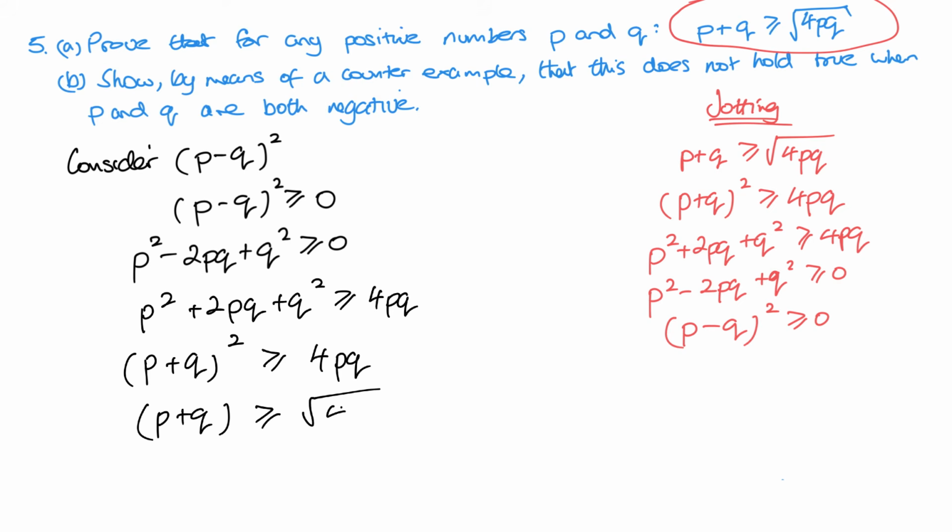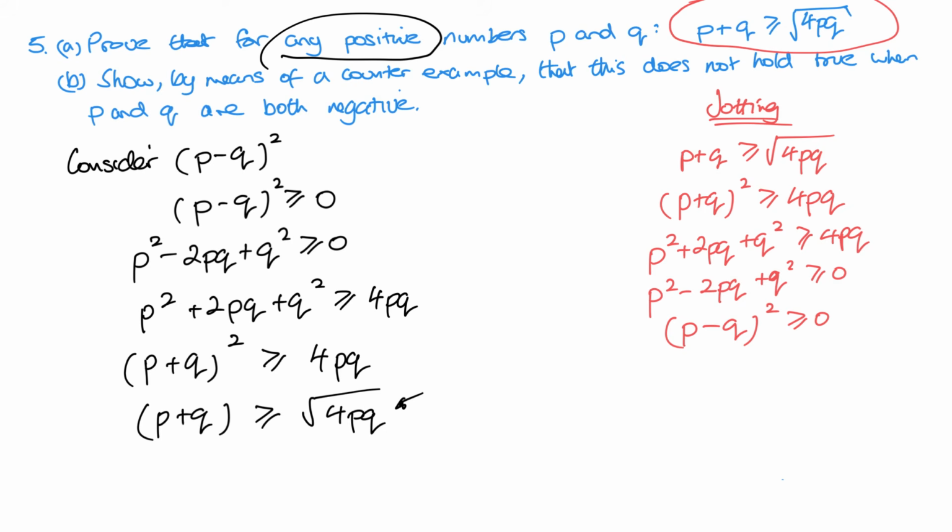Now, with this final step, this is where we're using the positive numbers part, because I cannot, sorry, I'm having a bit of a coughing fit, I cannot square root a negative number. Technically this could in theory work for the square root side if both p and q were negative. But if they were both negative, then the left-hand side would be negative and this statement wouldn't be true.